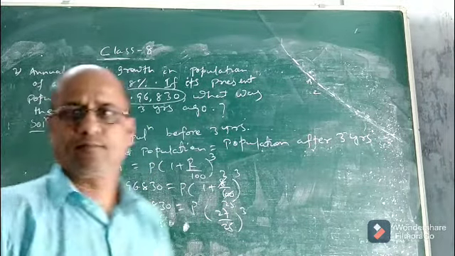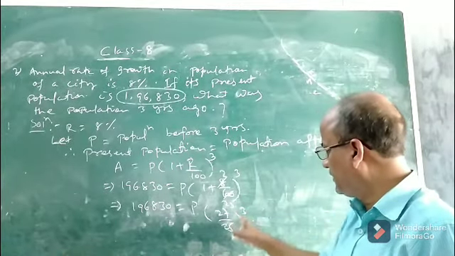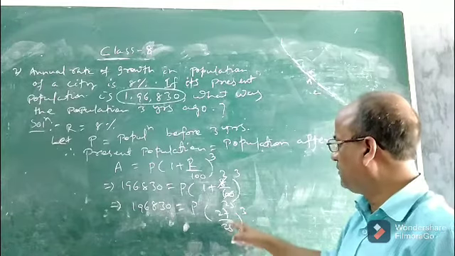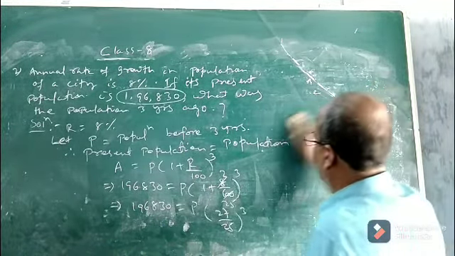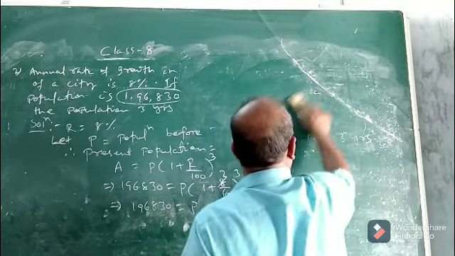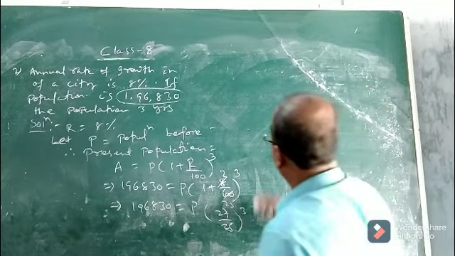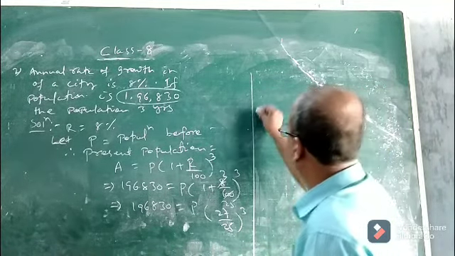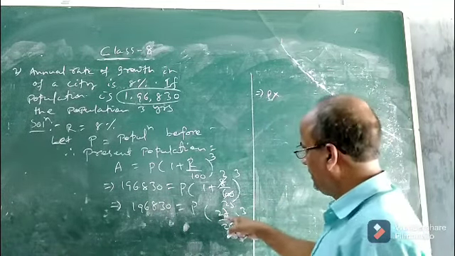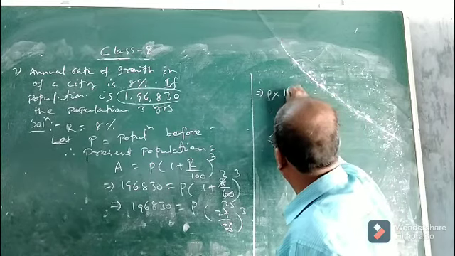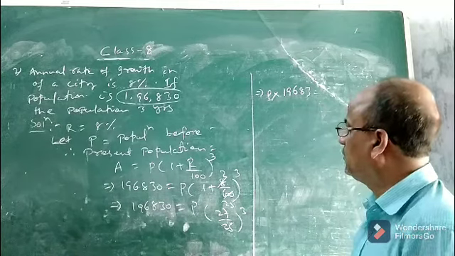So 1,96,830 equals P into 27 by 25 whole cube. Now we have to find the cube of 27 by 25. Let us solve. The cube of 27 will be 19683.